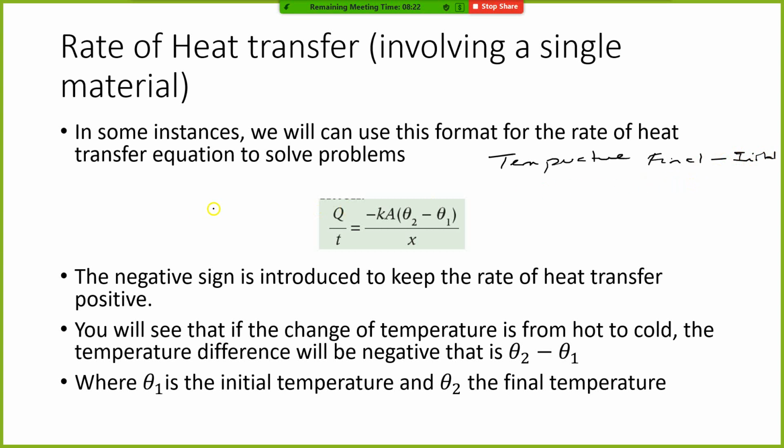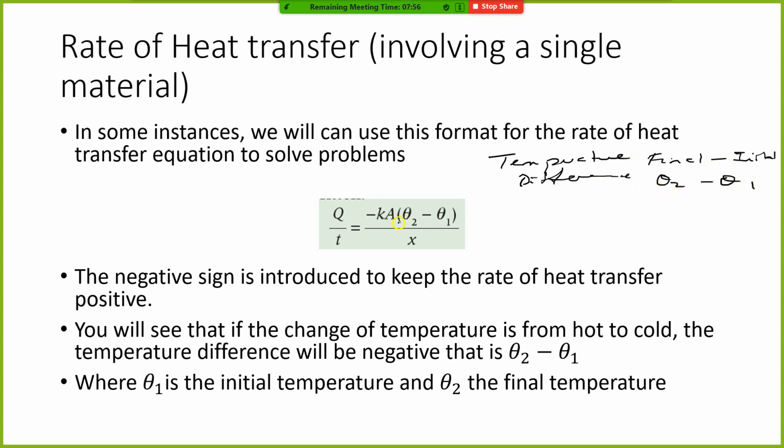So in order to fix this equation, if we're going to use the temperature difference, in truth and fact, the temperature difference is supposed to be final minus initial, which is essentially Q2 minus Q1. Q1 is your initial, Q2 is your final.